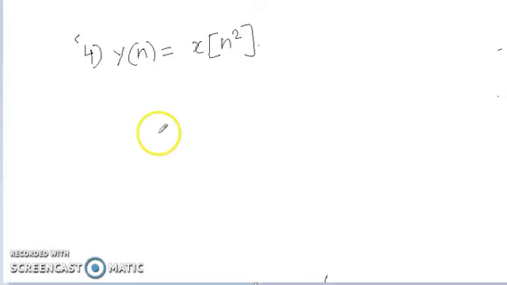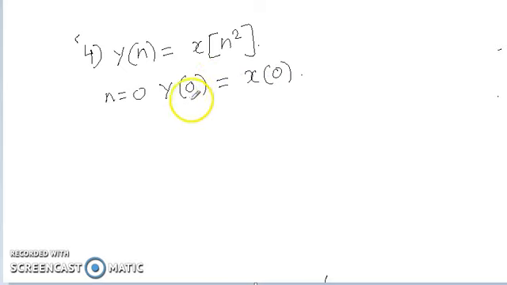In a similar approach, we are going to test this. For n equal to 0, we get y[0] equal to x[0]. That means the output is dependent on the same instant of input. For n equal to 1, the output is also dependent on the same instant of input.